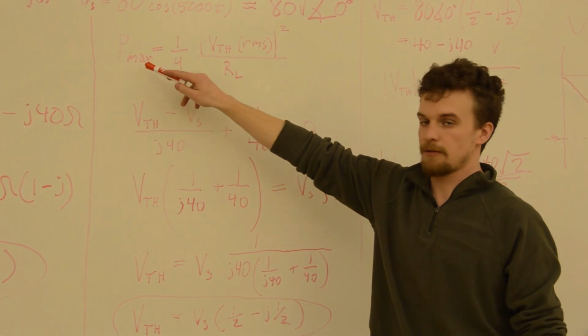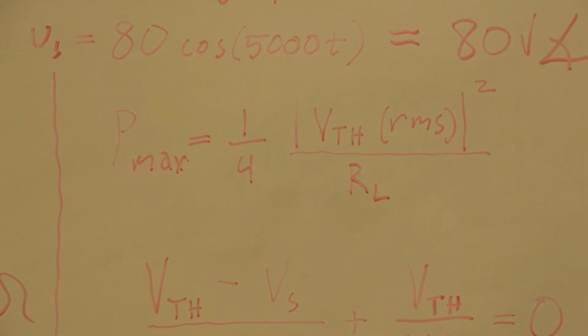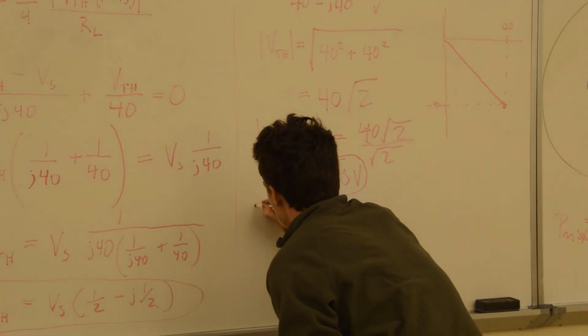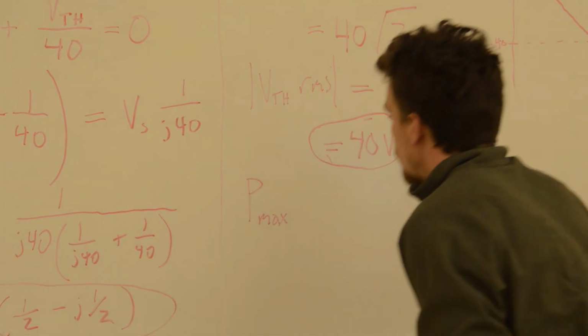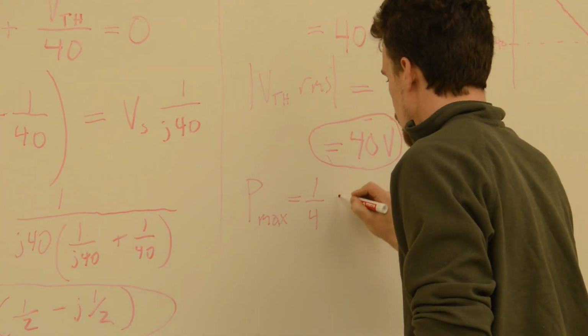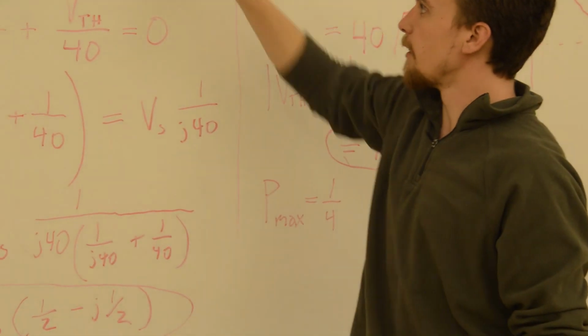We're looking for this. This was what our problem asked us for. So now we can plug this value in right here. Maximum power is equal to 1/4 times this number squared.